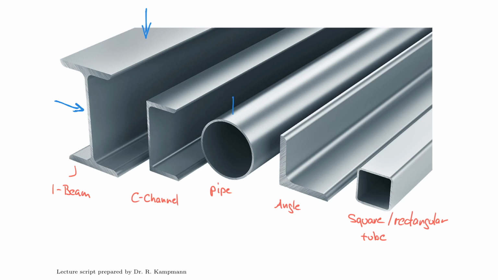Whereas for the pipe, if I apply a force here and a force here, it is actually pretty much suited for that. And similar for the tube, that has very good strong and weak axis. In fact, the tube has no weak and strong axis. Both axes are identical. However, the angle and the channel, for example, are very good about one axis, but not so good about another axis.